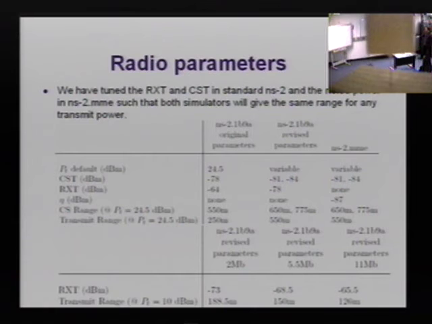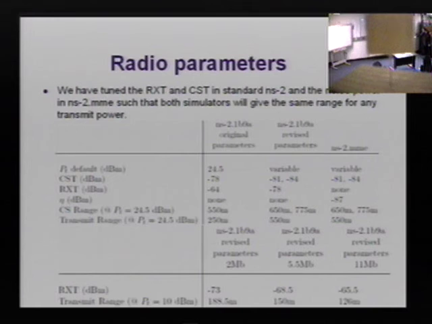For example, to do this, we actually change the RX threshold. So now it's lower. We don't have anything like an RX threshold; it's just noise floor and interference. And then carrier sensing is also the same for both simulators, and range is also the same.